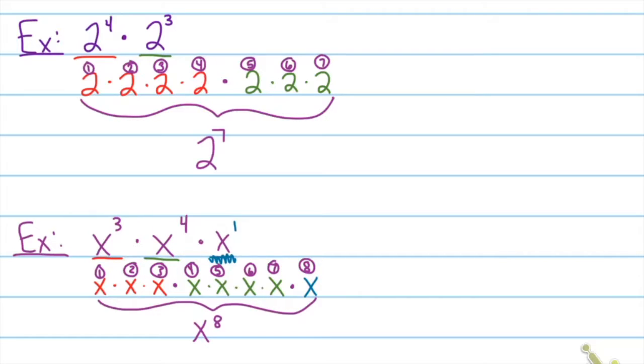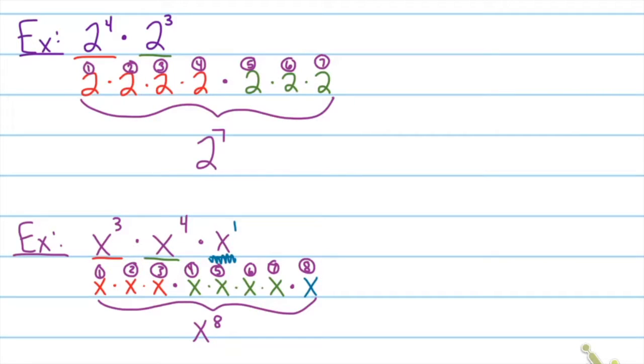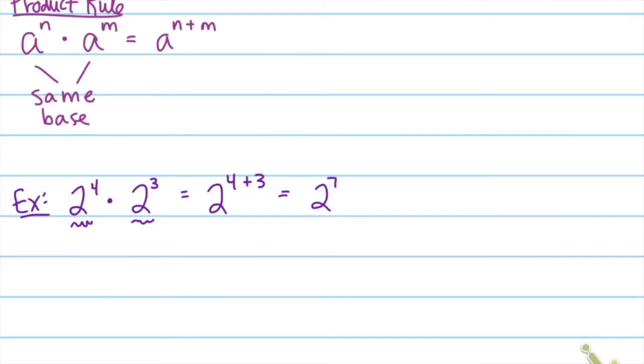If you're repetitively adding something, that's how you get multiplication. 2 plus 2 plus 2 plus 2 plus 2 is the same thing as 2 times 5. Well, this is repetitive multiplication, so we're ultimately adding those repeating terms and combining them into one. So that's why we add.